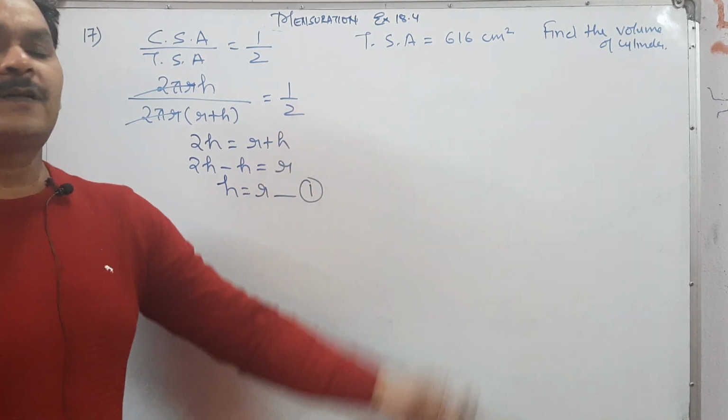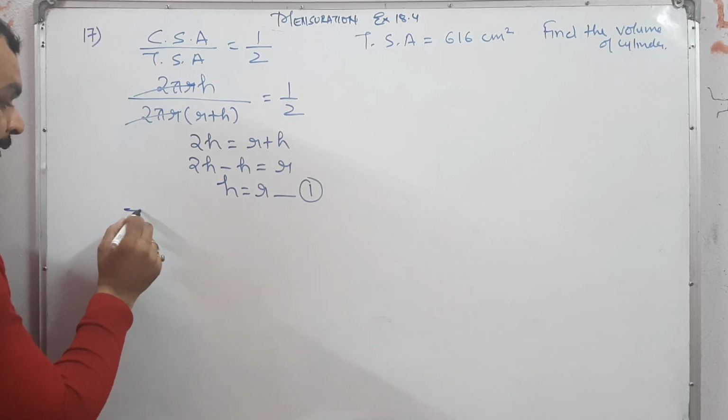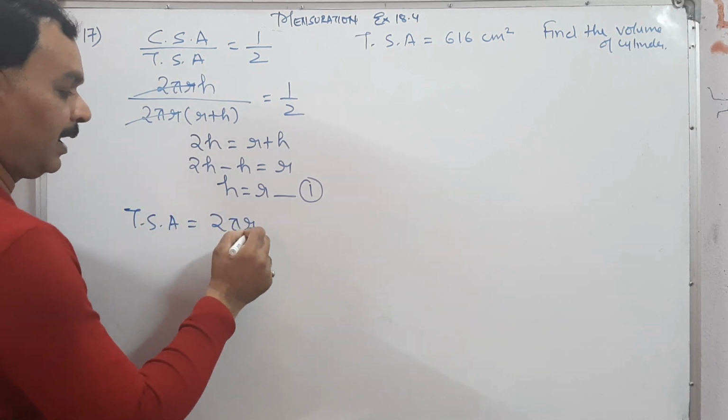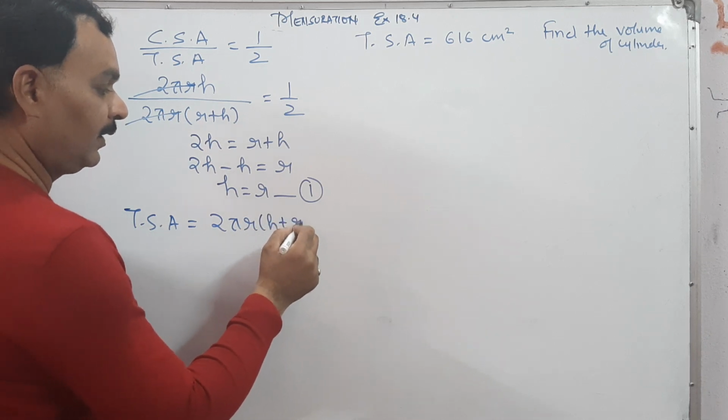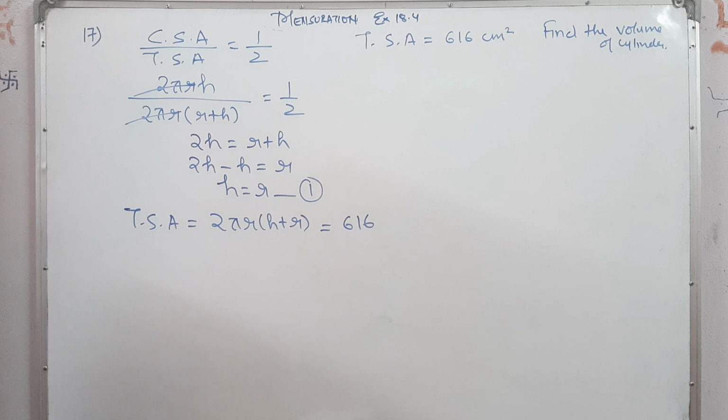Now, the total surface area is given as 616 centimeter square. We know the formula of total surface area, that is 2 pi r (h plus r) is equal to 616.